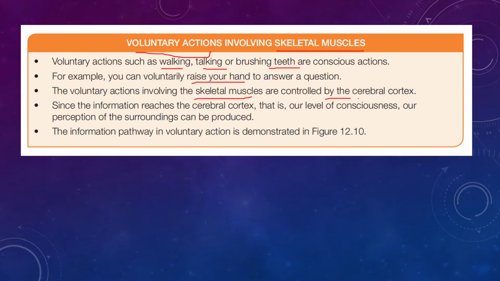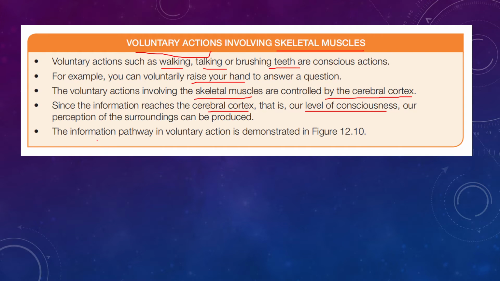They are controlled by the cerebral cortex. Since the information reaches the cerebral cortex, and that is our level of consciousness, our perception of surroundings can be produced. And therefore, we can make decisions, we can plan our response. We do it on our own will, we are conscious of it.